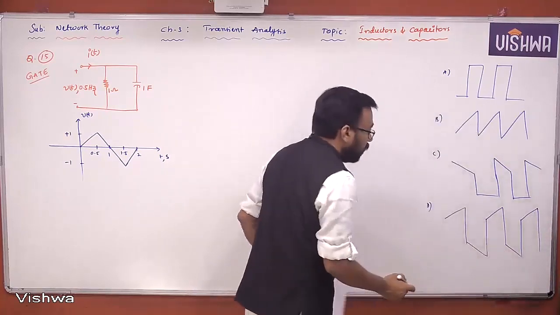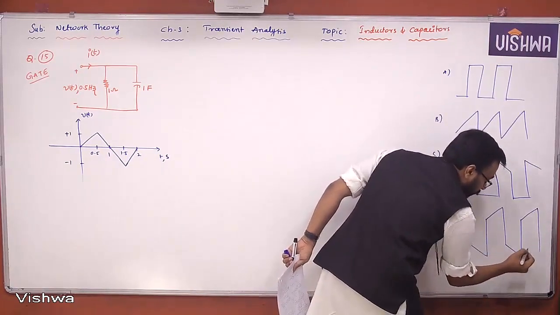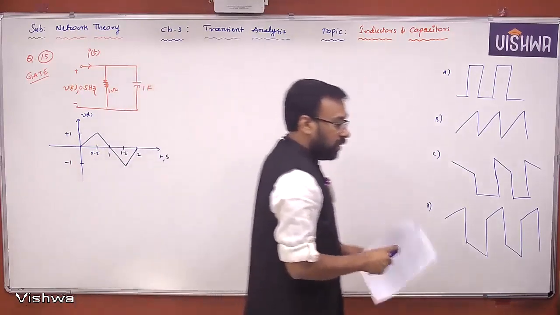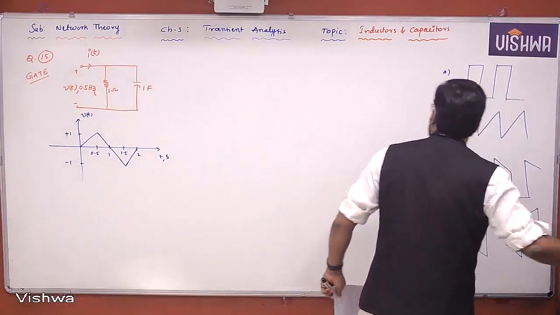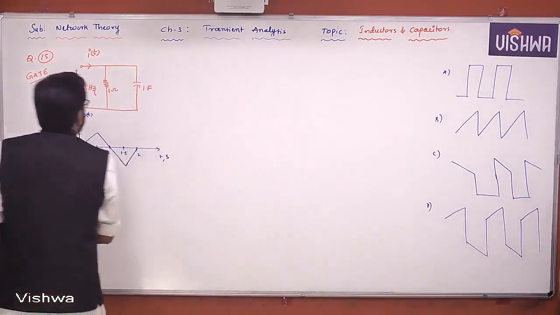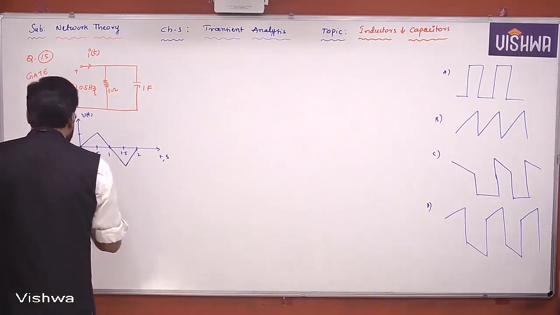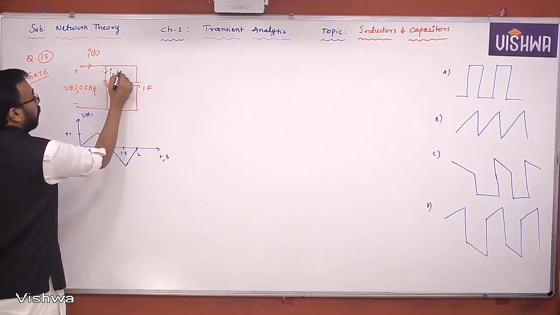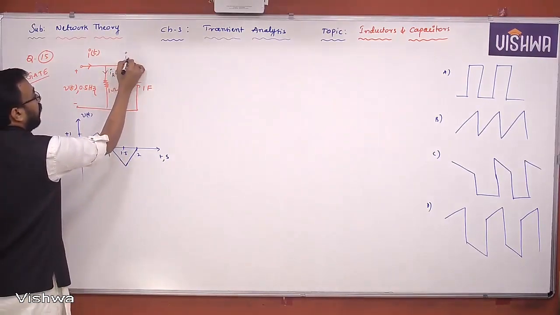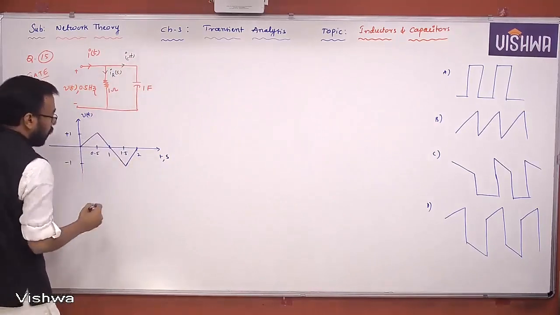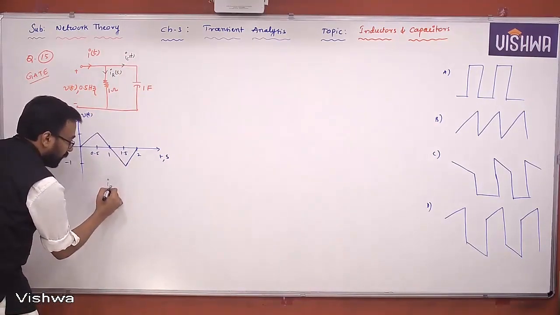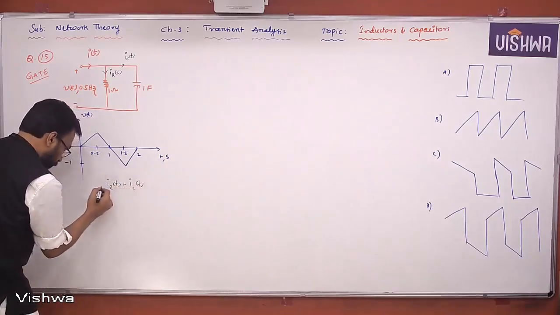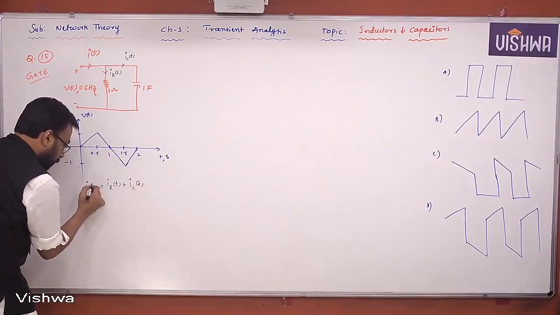Now if you go through the four options, you will understand clearly that the total current is nothing but IR of t plus IC of t, which is the total current I of t.